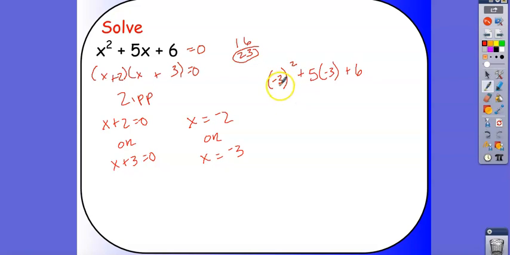Now, -3 times -3 gives me a +9. -15 plus 6 equals 0. Well, is it 15 plus -15 equal to 0? Yep, it works. It'll work if you put in a -2 as well. So you have effectively solved this quadratic equation.